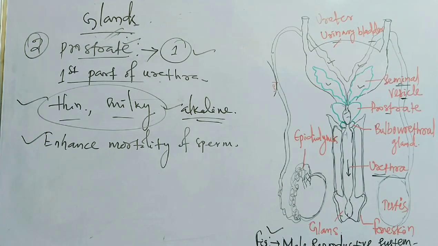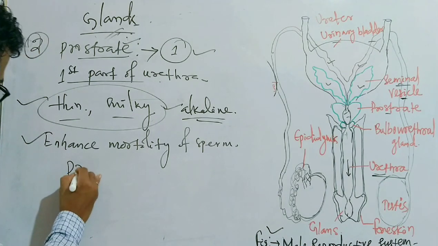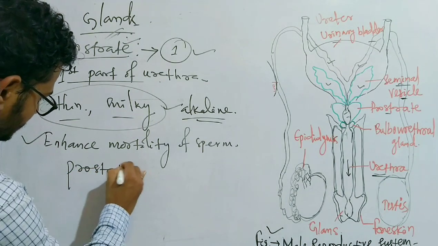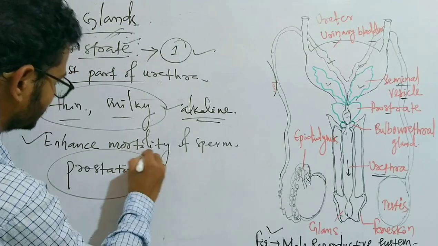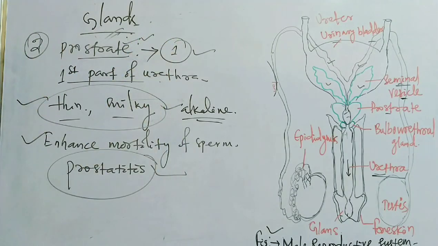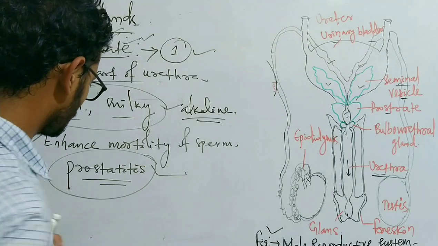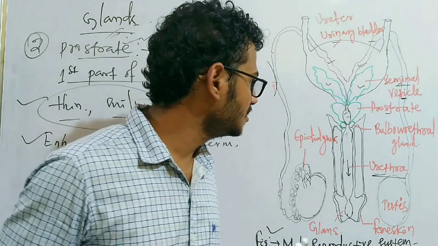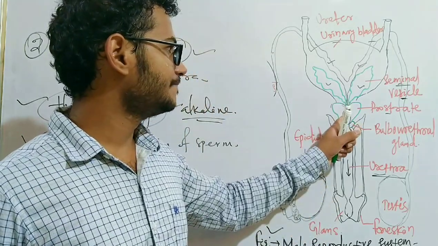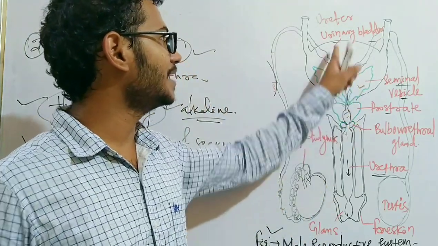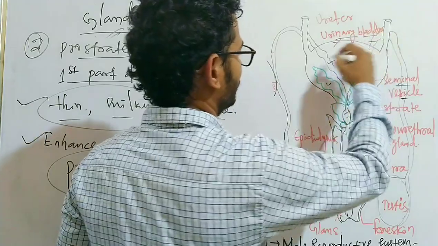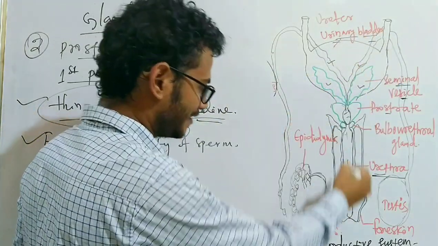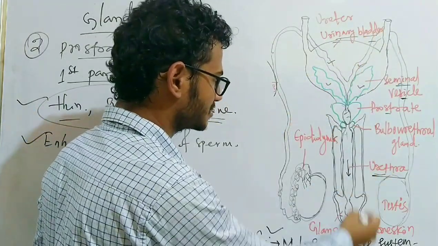The enlargement of the prostate gland causes prostatitis, which makes blockage here, so that the urine from this spherical urinary bladder cannot come through the urethra to outside.